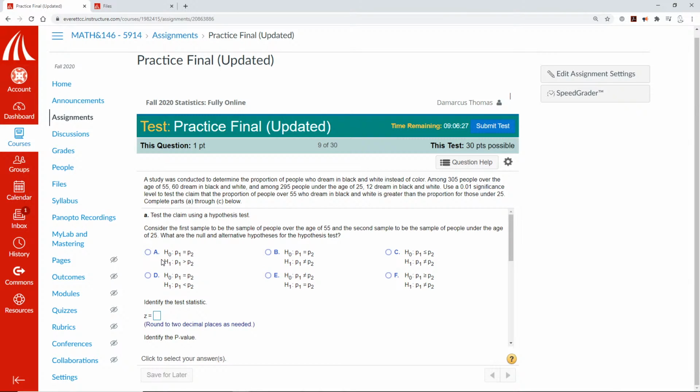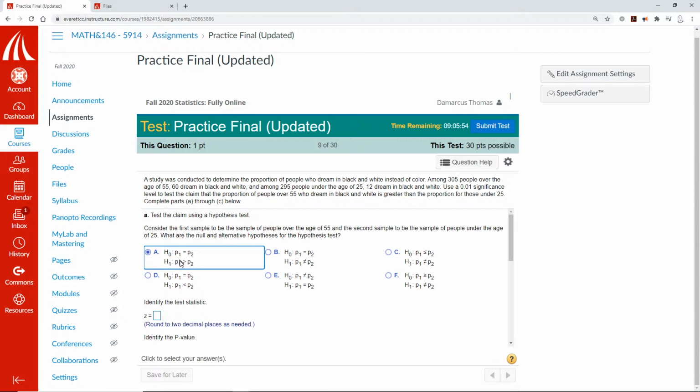So right away, because we're testing the claim, we're going to go with choice A. The null hypothesis is that the two proportions are equal. That's what we're going to assume true, and we're going to see if we have enough evidence to reject that null hypothesis and accept the alternative.